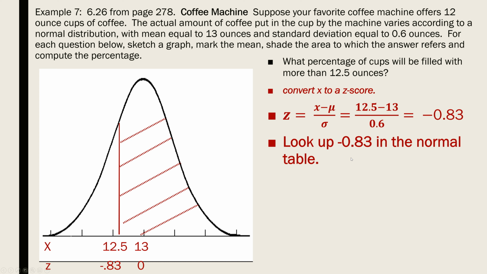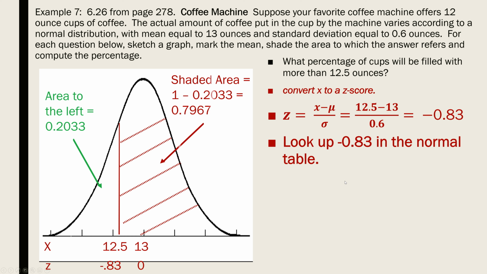Then we look up the negative 0.83 in the normal table. Remember that the normal table gives us the area to the left, which equals 0.2033. Because the total area under the curve is 1, we simply use 1 subtract 0.2033 and we have the shaded area here.